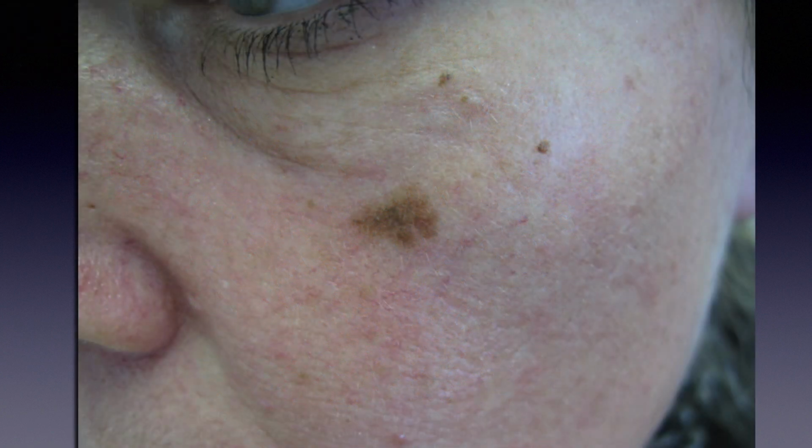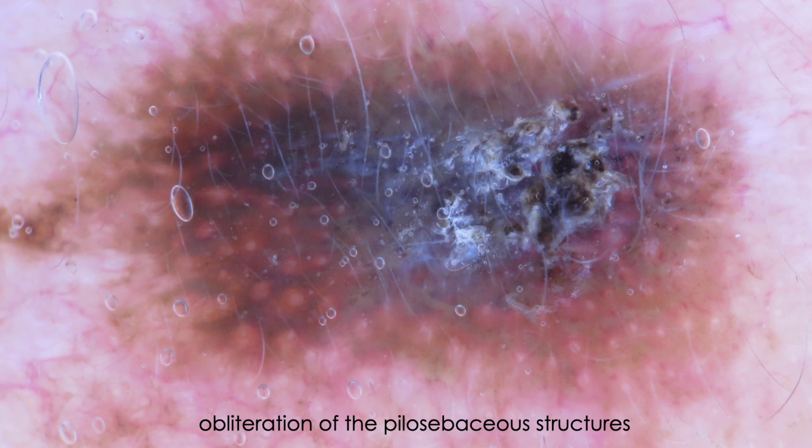As soon as we see these asymmetrically pigmented follicular openings with some brown and gray color, or the obliteration of the pilosebaceous structures, we are able to look at it and say, yes, that's a lentigo maligna. And that's what we've been doing in all these past years.